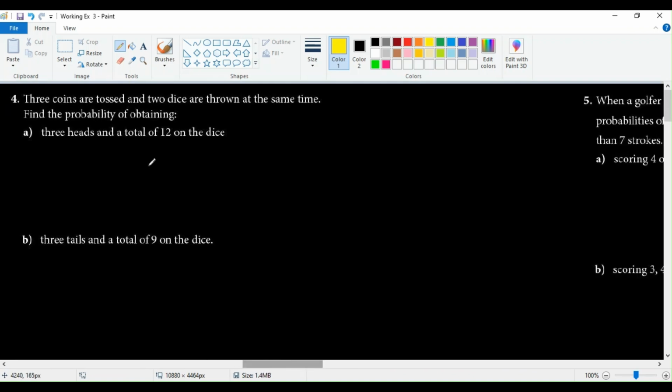It says 3 coins are tossed and 2 dice are thrown at the same time. Find the probability of obtaining 3 heads and a total of 12 on the dice. That means the probability of having 3 heads, with 1 over 2 to the power 3, is going to give us 1 over 8.